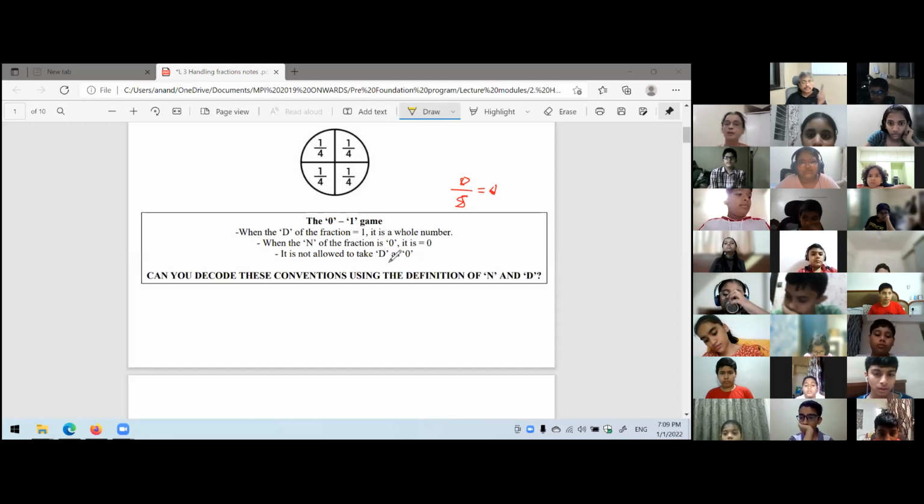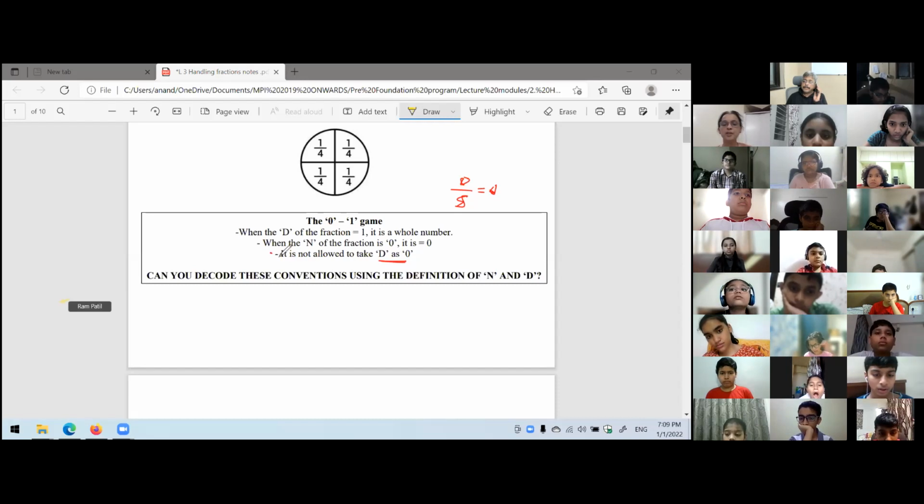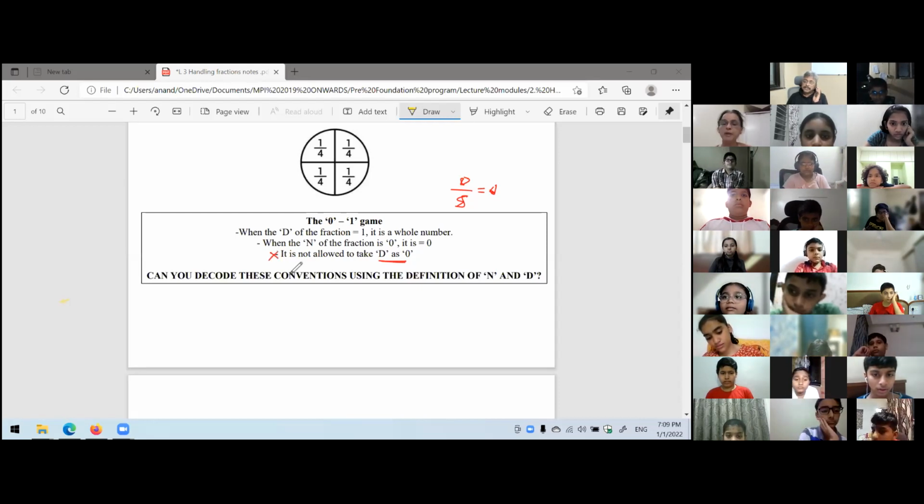And now this case, when denominator is 0, this is slightly beyond our understanding. But this kind of fractions are not allowed is all we will learn right now. Okay, maybe in a little later time we can look more into the meaning of it.